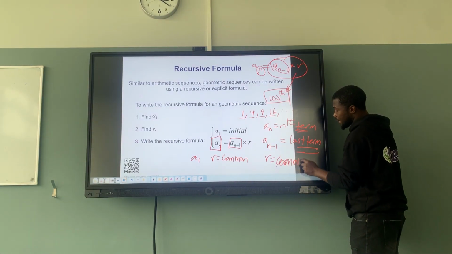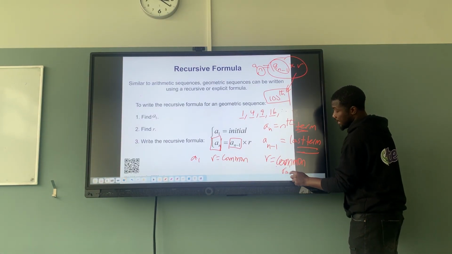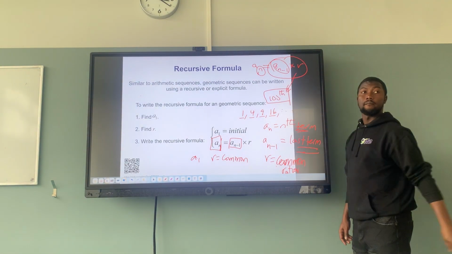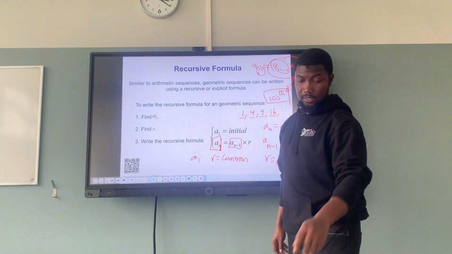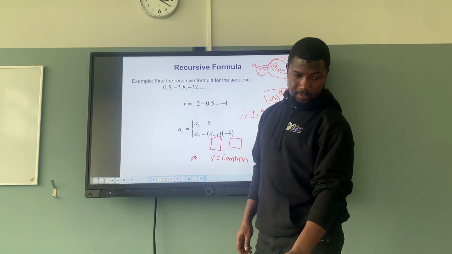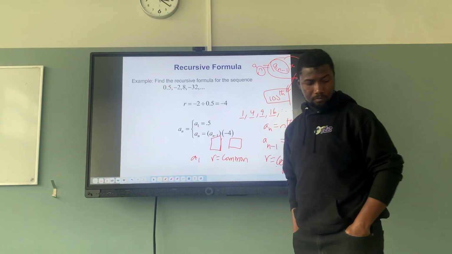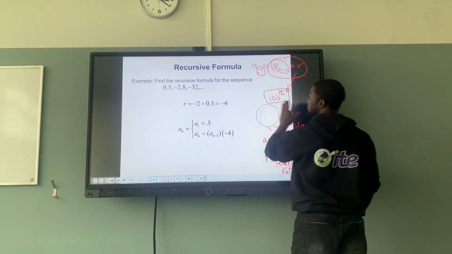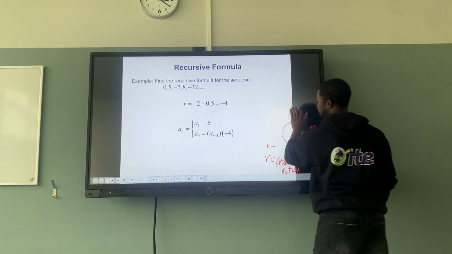If you multiply the common ratio by the last term, what will you have? That always gives you the next term. So that's the recursive formula there for you. Let's practice it a bit.